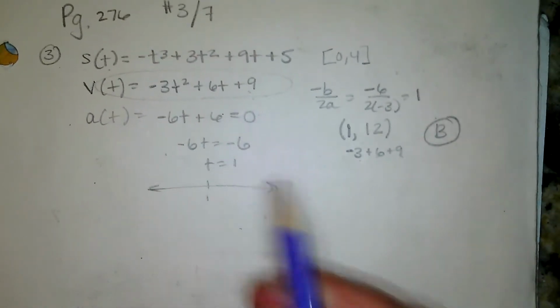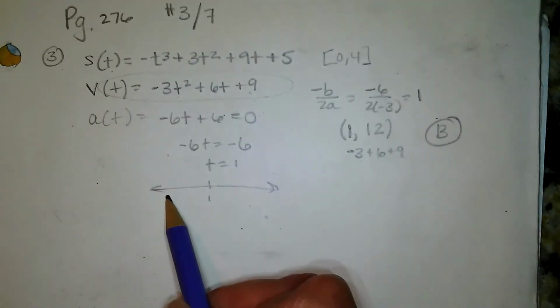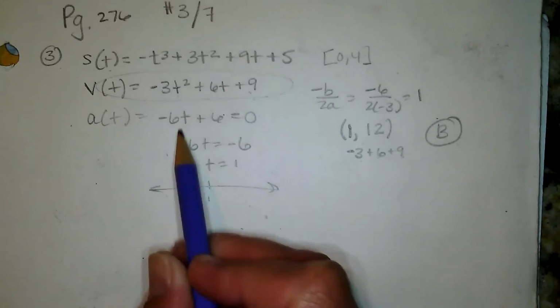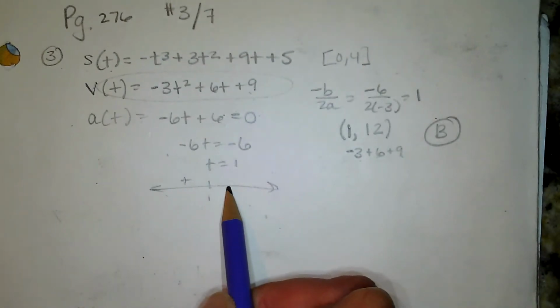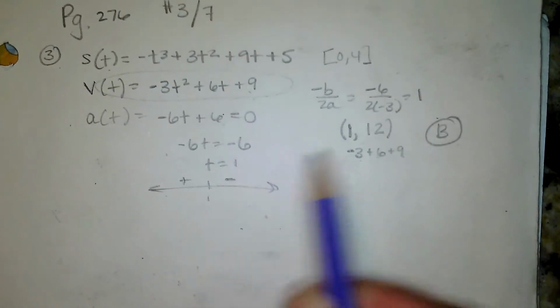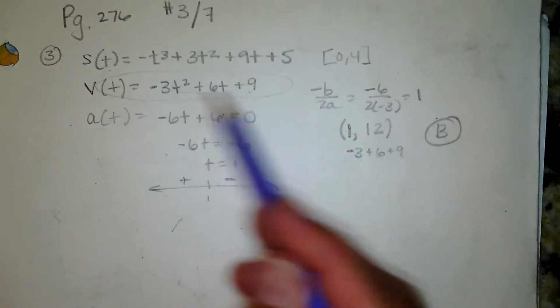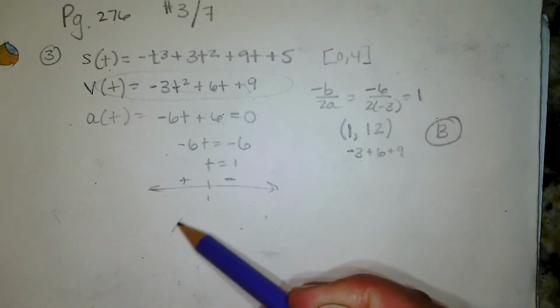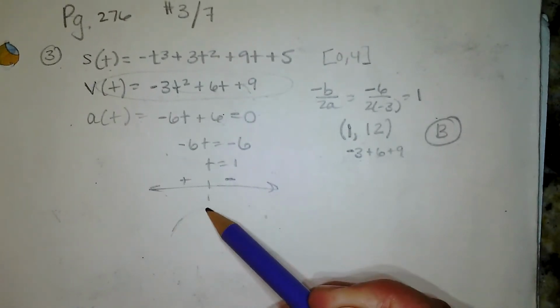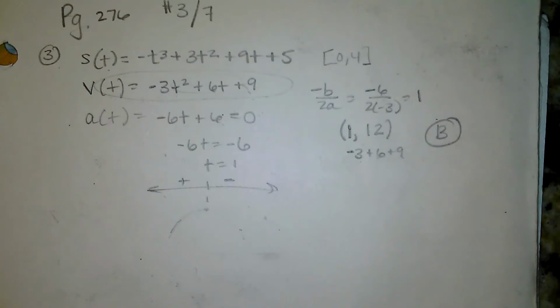If 1 is a critical point, you test prior to 1, like 0, and you get that it's increasing. And if you plug in something after this, you get that it's decreasing. So the velocity function shows that it's increasing prior to 1 and decreasing after 1, which makes it a maximum at 1.